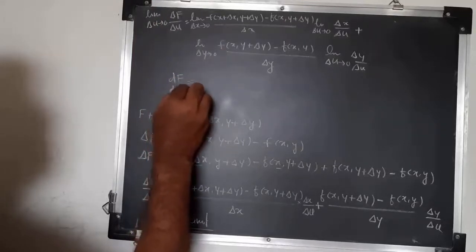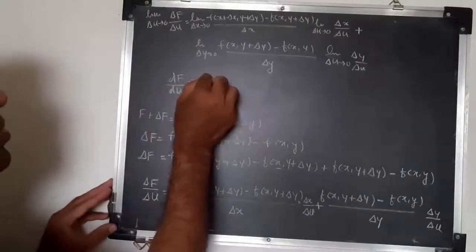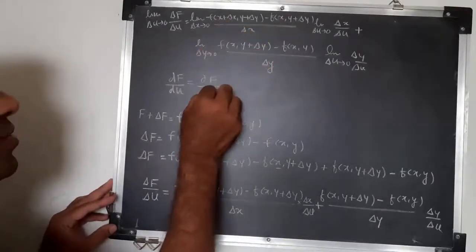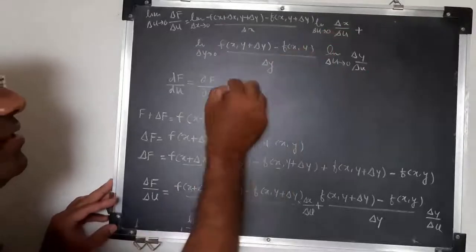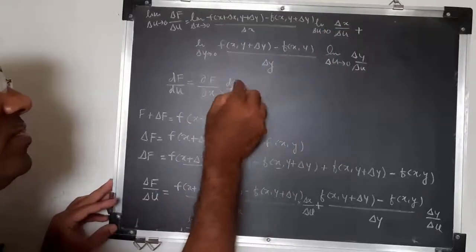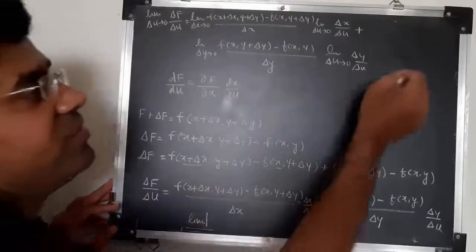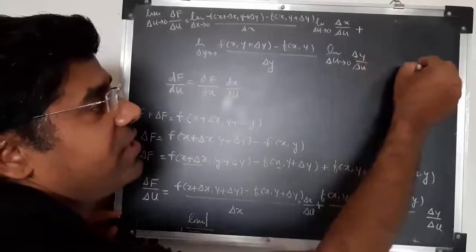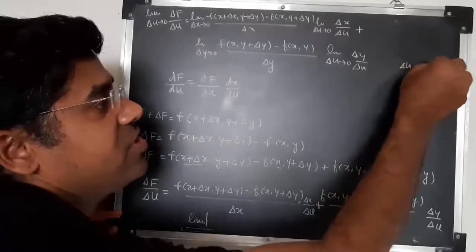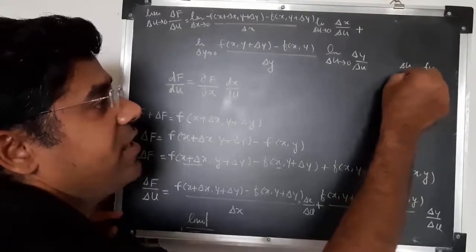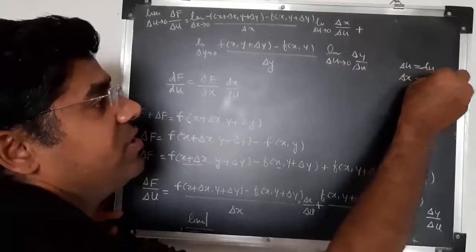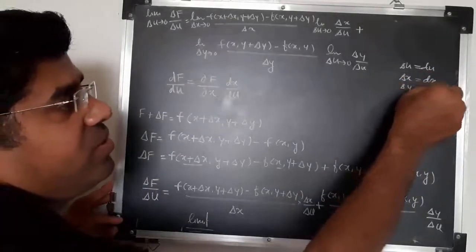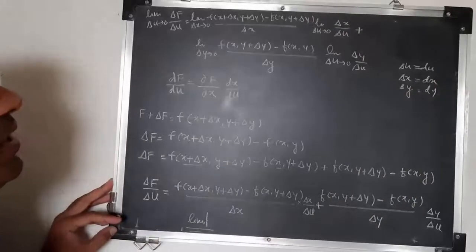divided by du, which is equal to delta f, now x changes, here dx by du. Don't get confused here: when you take the limit, delta u tends to 0, so this is du, delta x becomes dx and delta y becomes dy.